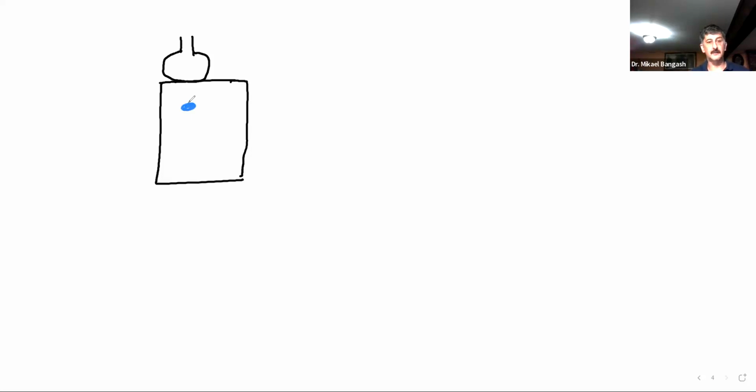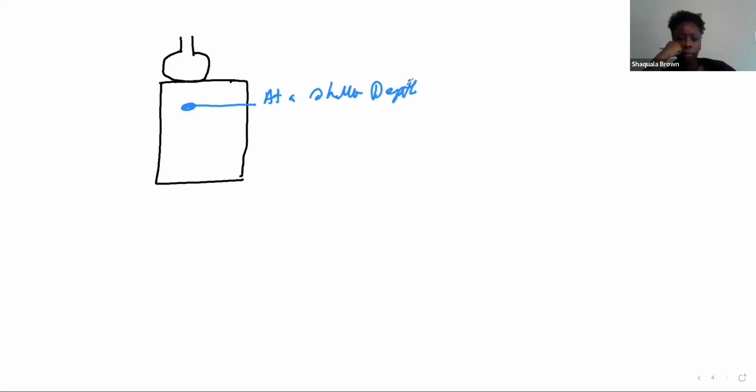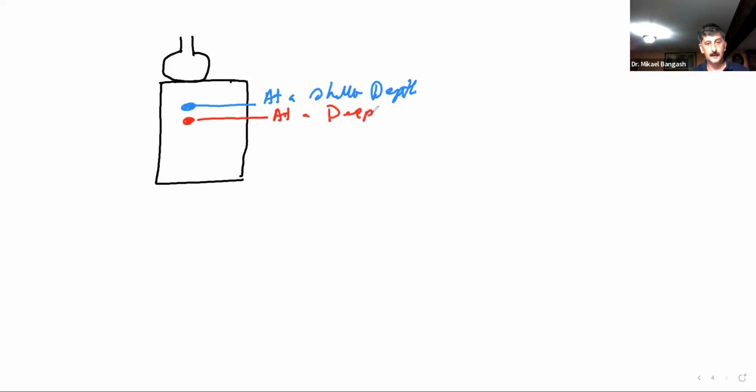We have this structure here, which will be at a shallow depth. Did that make sense? Yes. Mainly because deeper to this one we will have this structure here, which we say is at a deeper depth or at a greater depth. Clear? Yes. Good.